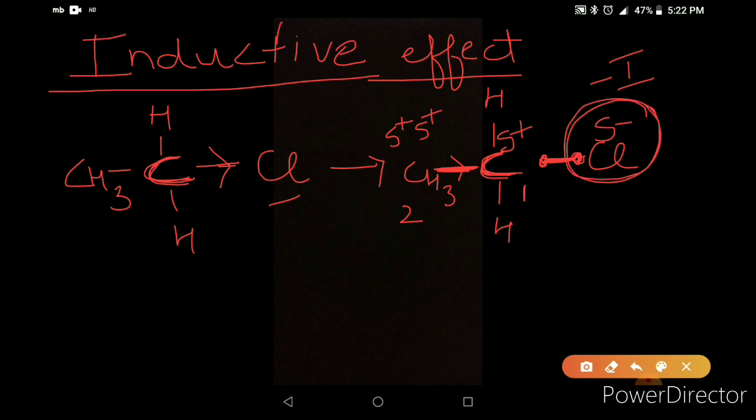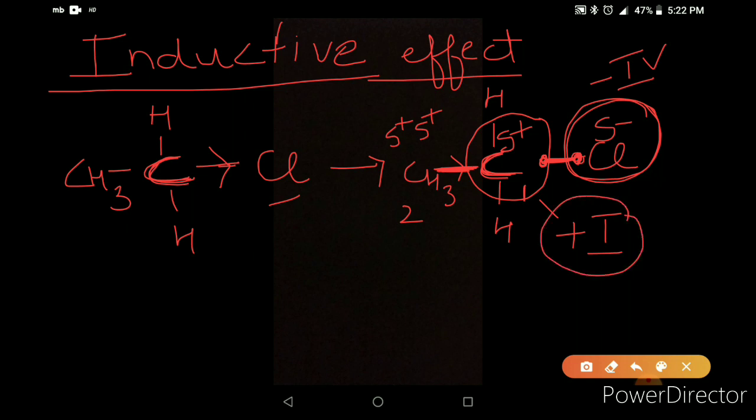So this is negative inductive effect. And the atoms which are electropositive, we will say they show plus I. So minus I effect is the tendency to attract electrons by any group of atoms or a single atom, and plus I effect is the tendency to donate electrons by a single atom or any group of atoms.